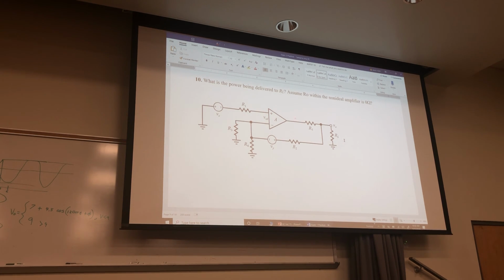And you also have to be able to identify the value of the gain in voltage right here going through that amplifier. Any questions about that one?